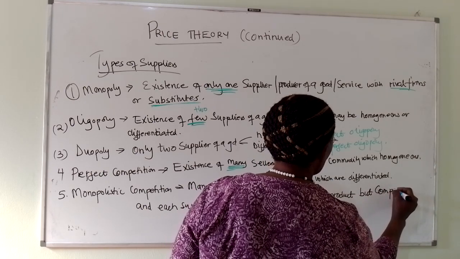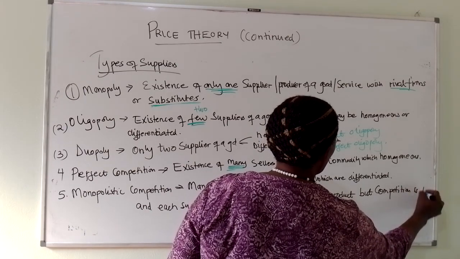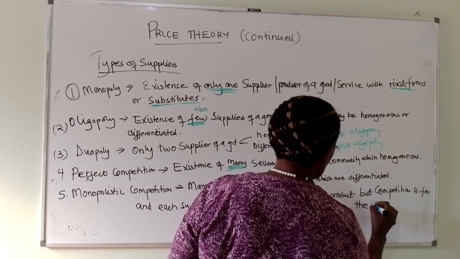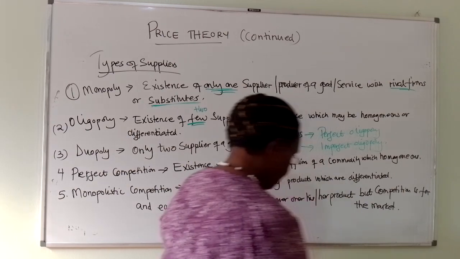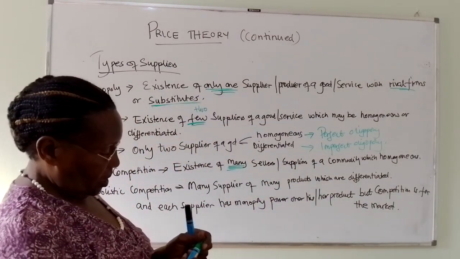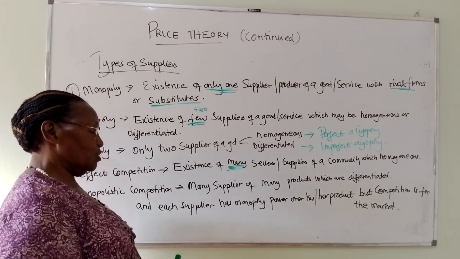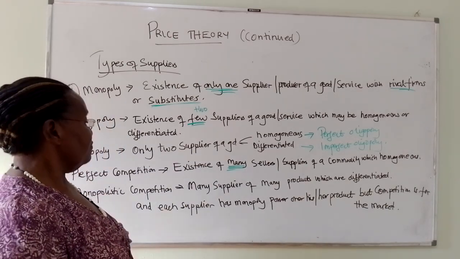Competition is for the market. So each one wants to market his product, and that's where they compete. You have to know how to present your product in the best way possible, either through branding, packaging, advertising.